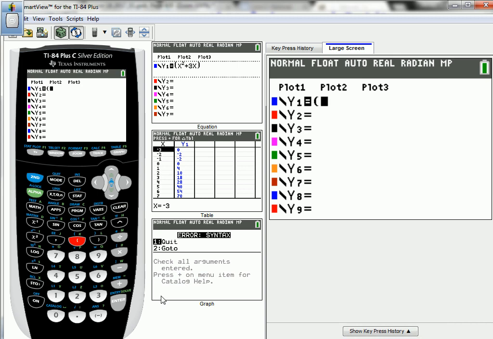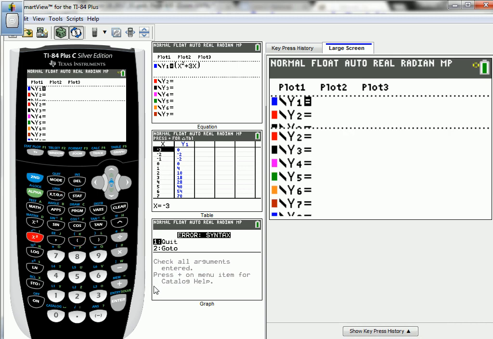Okay, so this one we have x squared plus 3x divided by x squared plus 5x plus 6.